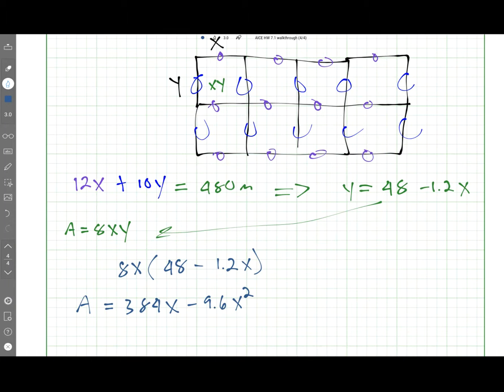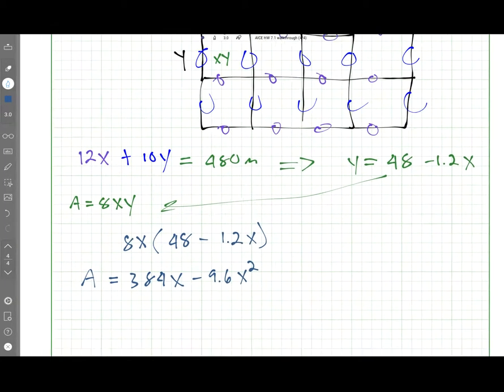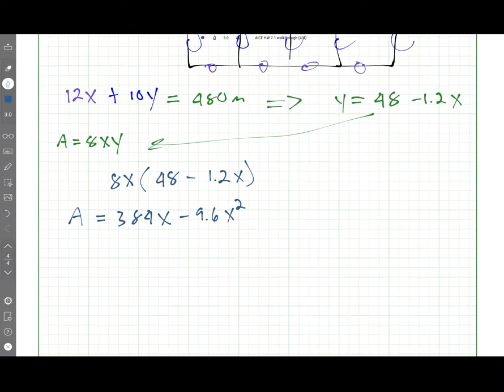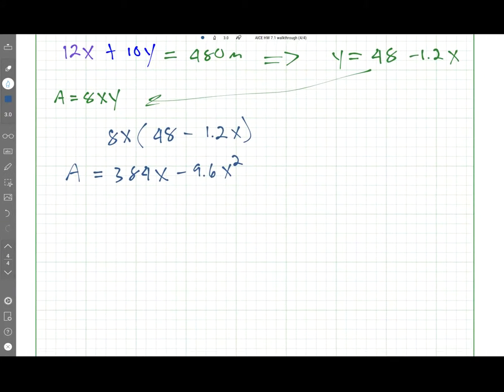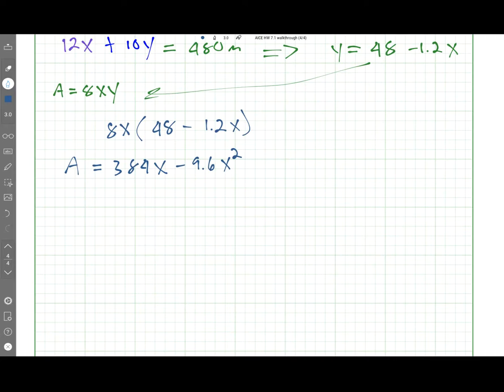That's just a proof. Now the second part of this is, given that they can vary, find the dimensions of the sheep pen for which A is a maximum. Well, maximum occurs at stationary points. So dA/dx equals 0, so 384 minus 19.2x, and just solve for 0.